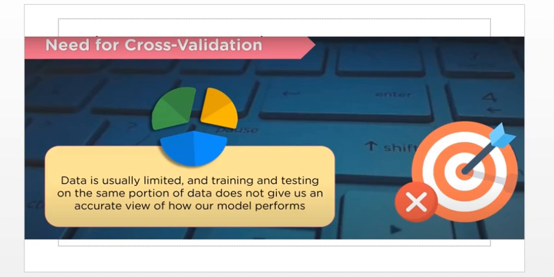For example, for a dataset with only 100 samples, a simple train-test split leaves only 20 samples for evaluation. Using 5-fold cross-validation ensures all 100 samples contribute to both testing and training.